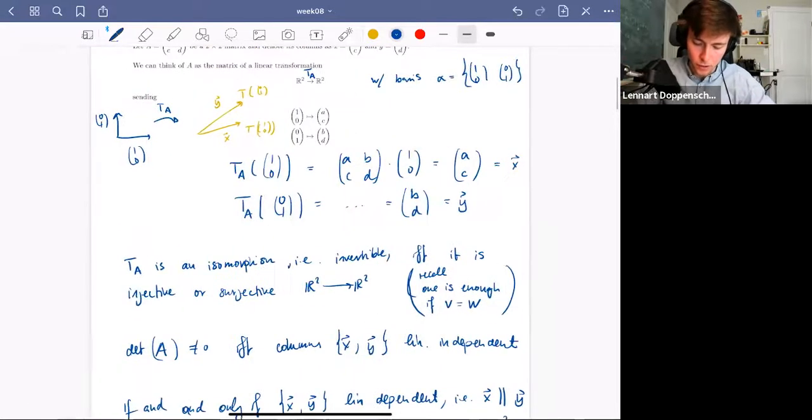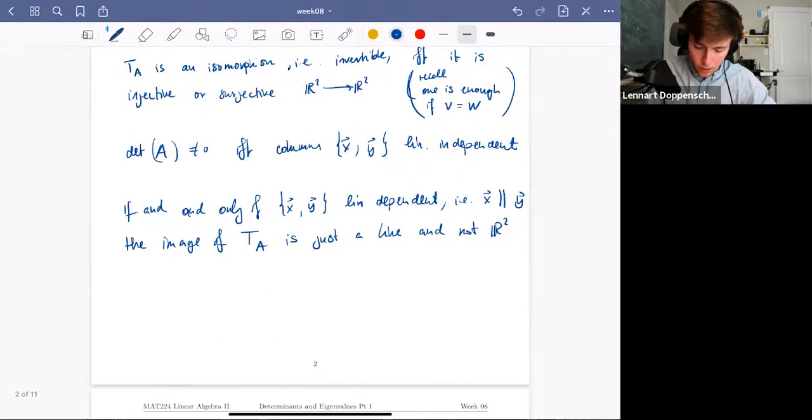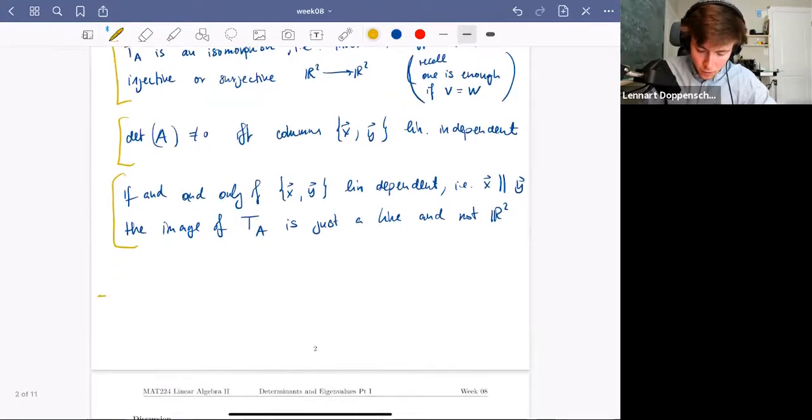So if X and Y span the image of this transformation and they are on the same line, then the image is just a line. So it's not surjective.